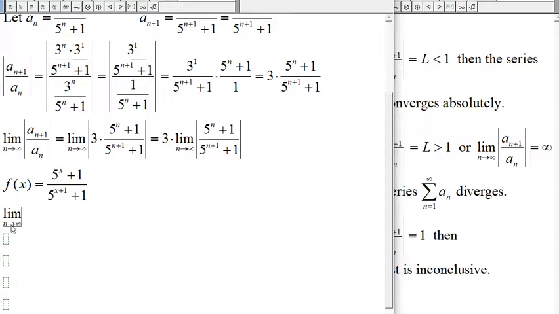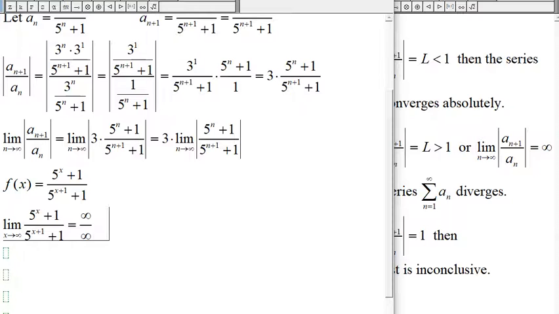And then if we find the limit of this right here, then obviously we'll get infinity over infinity, because as x approaches infinity, 5 to the x will approach infinity. And as x approaches infinity, 5 to the x plus 1 also approaches infinity.